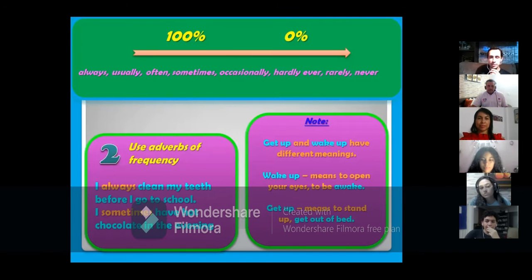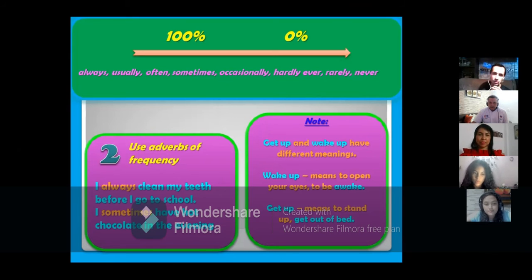So let's continue. As my partner James said, we use adverbs of frequency in our daily routines, depending on the percentage. Always means 100%, never is 0%, and frequently, occasionally or sometimes are around half.